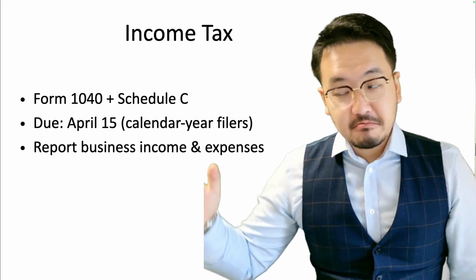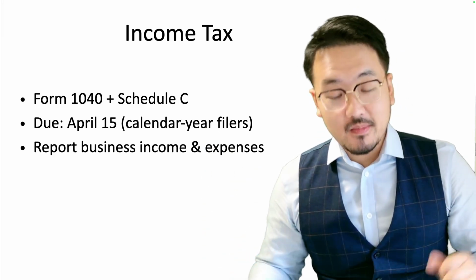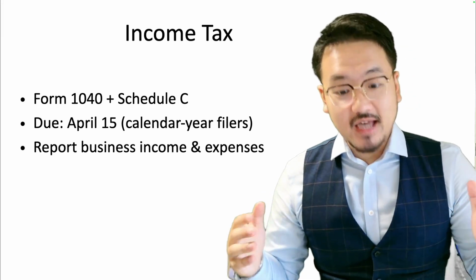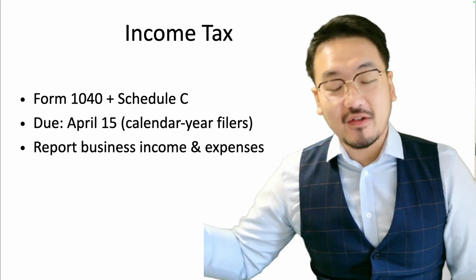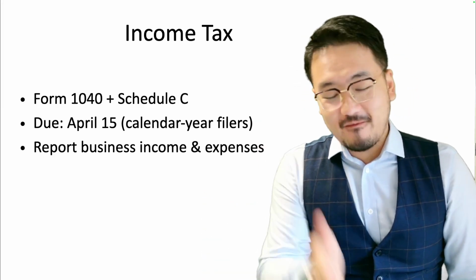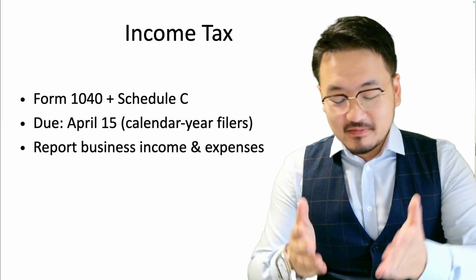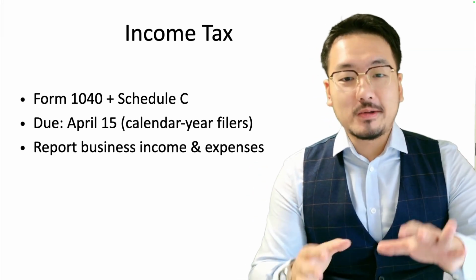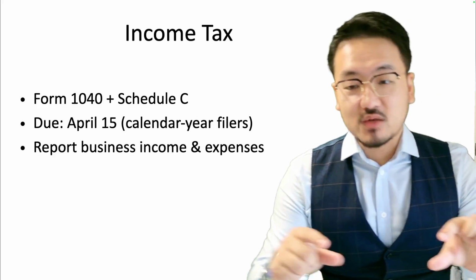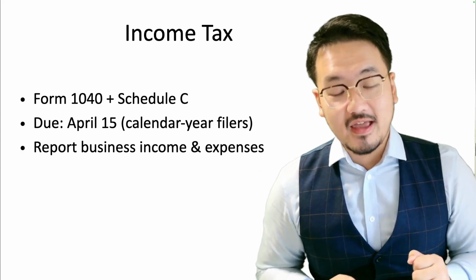That means the fourth month after that is April, and the 15th day of the fourth month is just April 15th. Really simple. That applies 99% of the time, if your tax year and the calendar year are exactly the same: April 15th.